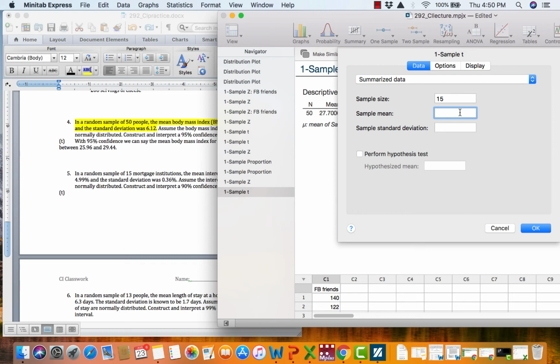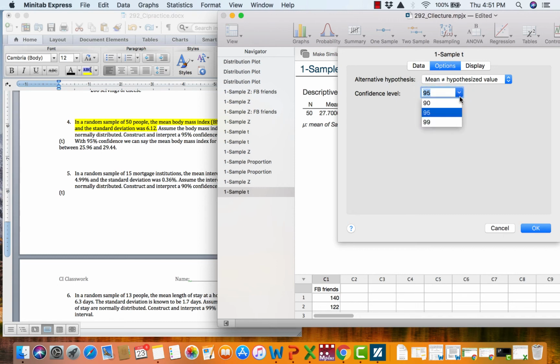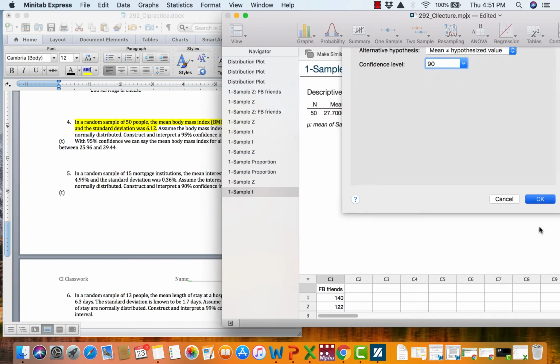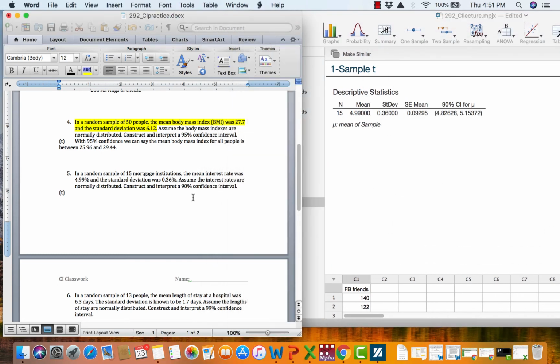Because of the way we're putting these numbers in the mean and standard deviation, we do not have to convert them back to decimals. We can just type 4.99. You would just omit the percent symbol. It's certainly fine to do that. And then under options, we need to change our confidence to 90%. All right, and there is our confidence interval.